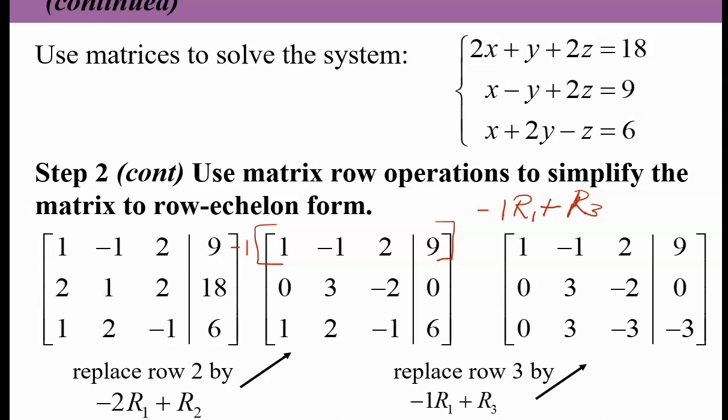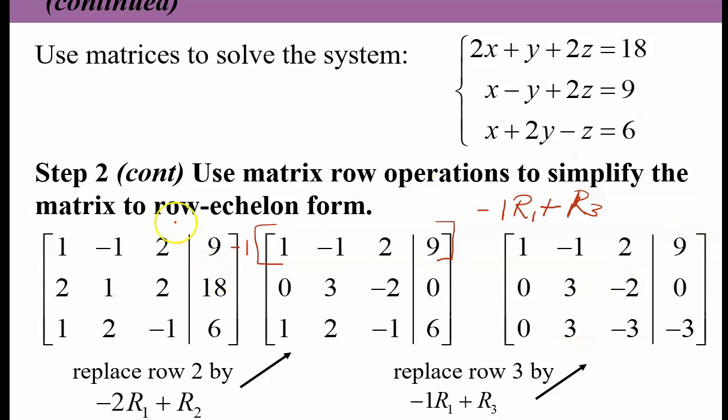And once that's done, we see here now, we have a 0 in that first column. And what do we want to do to this? We want to make this a 1 now. So you can almost figure out what they're going to do, because they want this to be a 1 and eventually this to be a 0 here.